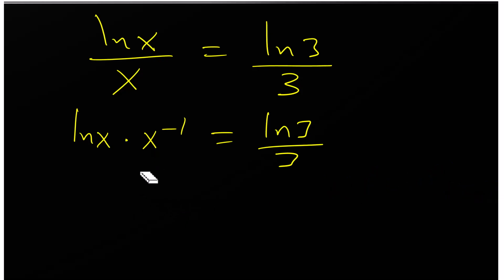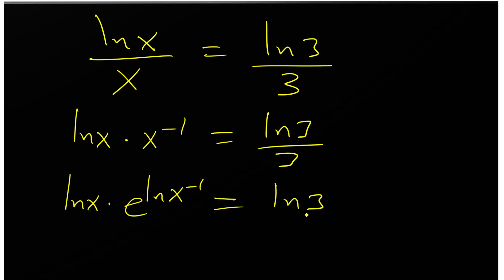Let me write this as ln of x times e raised to ln of x to the power minus 1. Remember the rule, this one remains as x to the power minus 1 equals ln of 3 on 3.